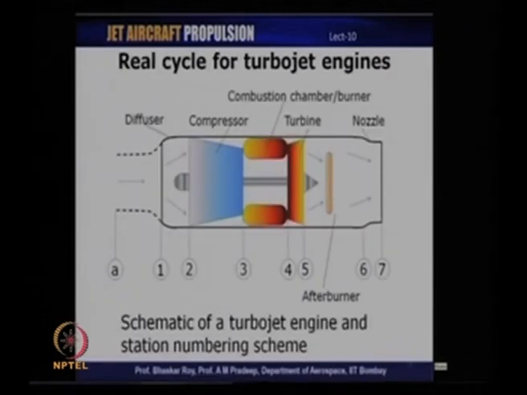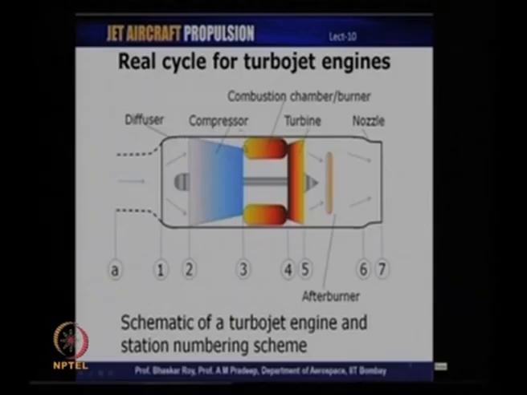This is a schematic of a turbojet engine which I had also shown a couple of lectures earlier, showing all the components which constitute a turbojet engine, and most of these components will also be present in the other forms of jet engines like the turbofan or turboprop engines. One of the first components that we can see in a turbojet engine is the diffuser, and then the compression process begins with the diffuser and continues in the compressor.